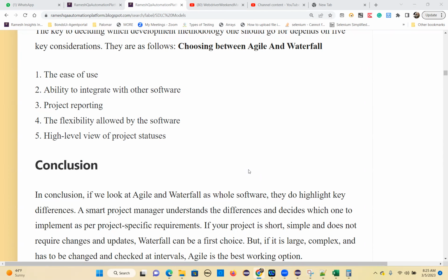If you are taking it as an automation tester, you have to do manual testing first. No, there is no permission to do only automation. You have to do manual testing first, at least one round. Then only you can understand the functional flow. Without understanding the application, you cannot automate it. It's not possible at all to automate without knowing the functionality.